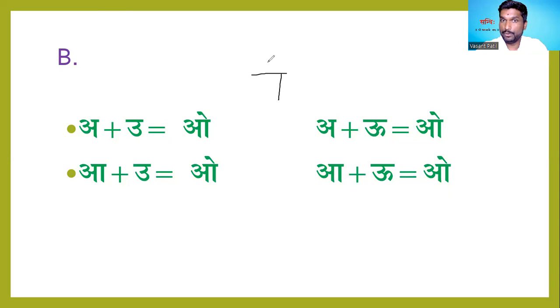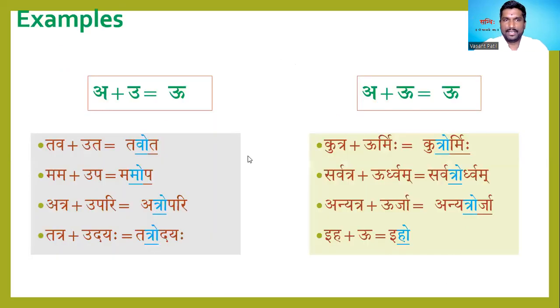This is very important because we are going to substitute two vowels by a matra. So this is how we write o. If you don't know, in the first video I have given all the matras, which are very important. If you don't know matras, you can't solve sandhis. Okay, chalo, example.